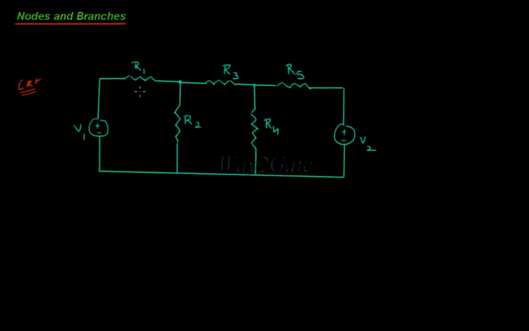Consider a basic circuit having voltage sources V1, V2 and circuit elements as resistances R1, R2, R3, R4 and R5, which are connected to N1, N2 and N3 at ground.